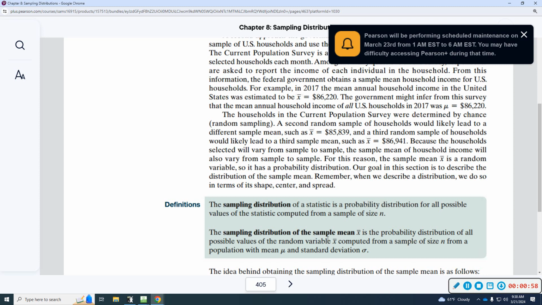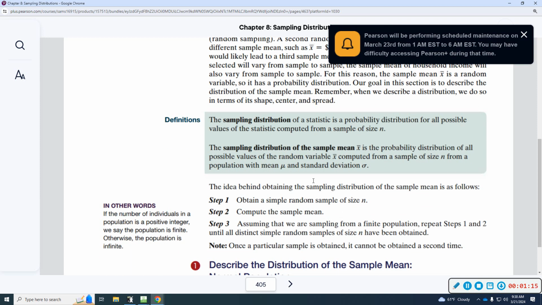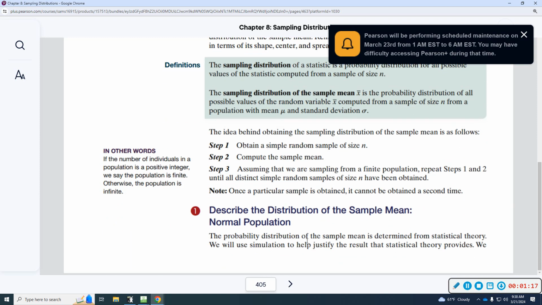The mean of that sample would be like if I took all of those different samples of size 100 for this example and I averaged them, the mean would be equal to the population mean. So that's what this is saying. The standard deviation will be a little bit different, and so we'll talk about that as we get there.